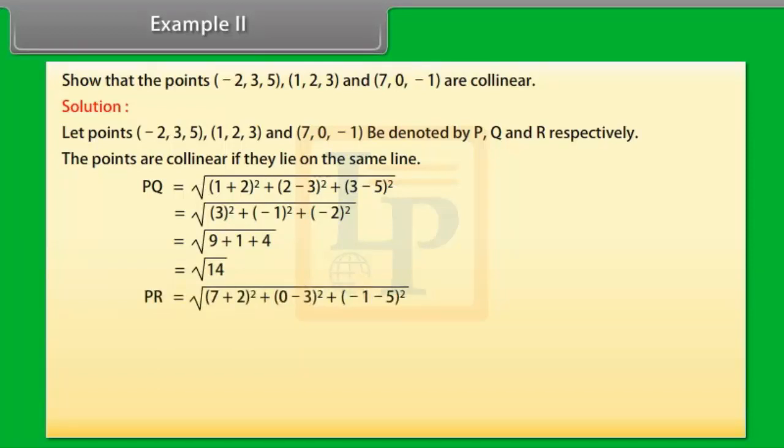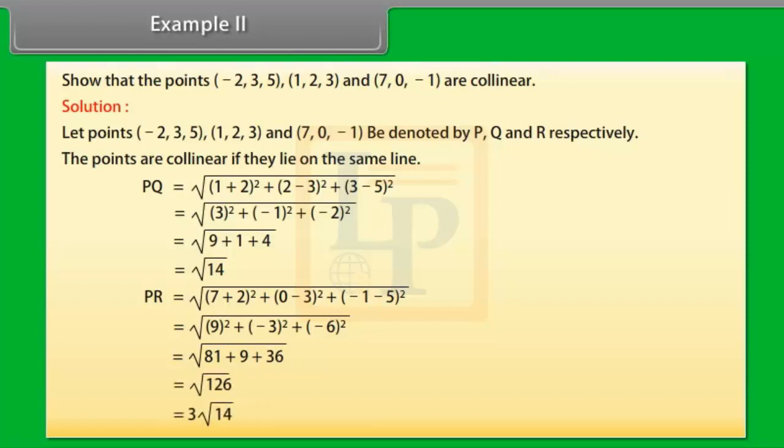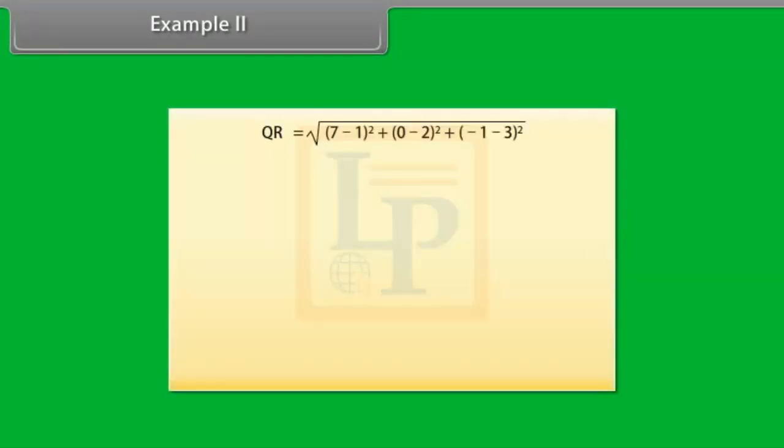PR = square root of (7 + 2)² + (0 - 3)² + (-1 - 5)². After calculating PR, we get 3 times square root of 14. QR = square root of (7 - 1)² + (0 - 2)² + (-1 - 3)².